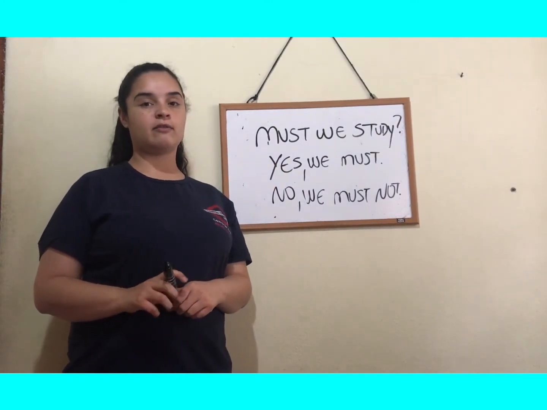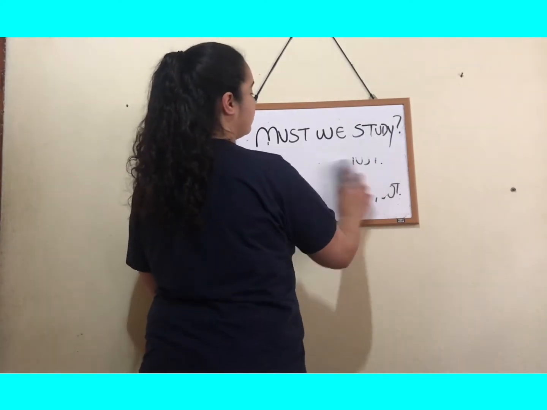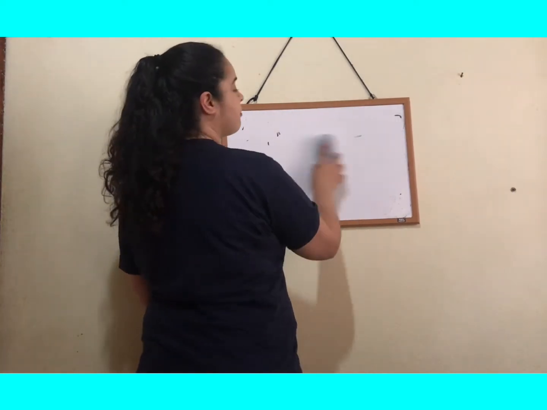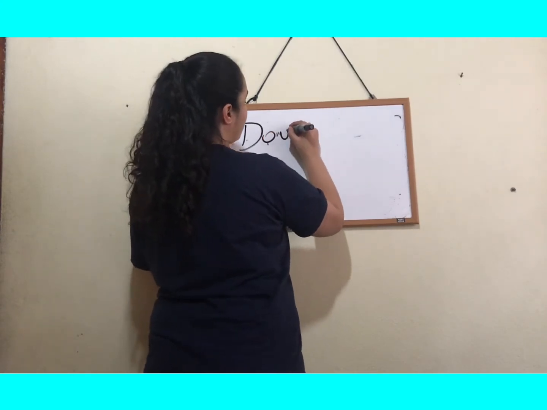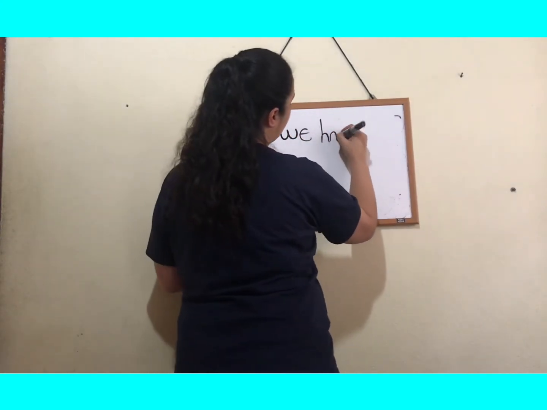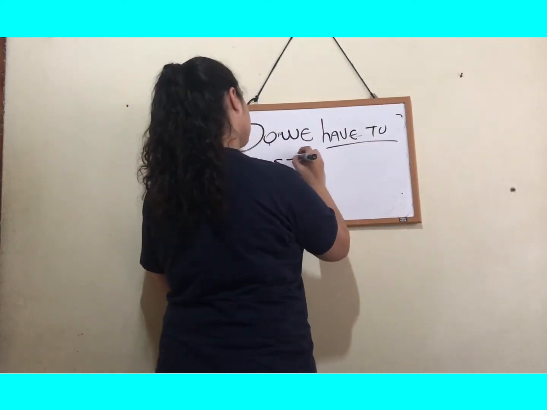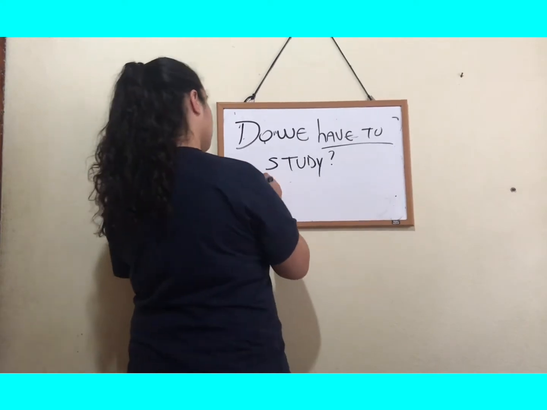Good? Vão lembrar disso? Então, beleza. Diferente do to have to. O to have to, vocês vão precisar do auxiliar. Vamos fazer aqui com o presente. Do we have to study?